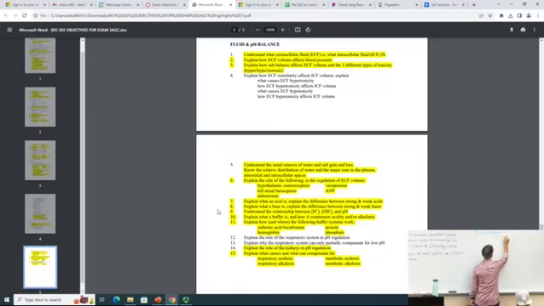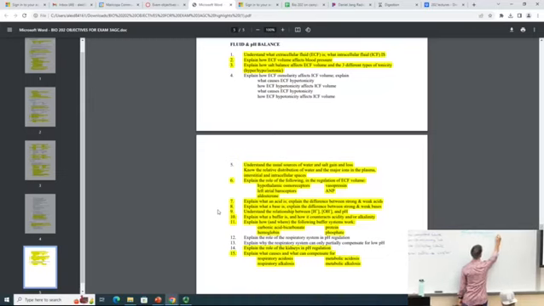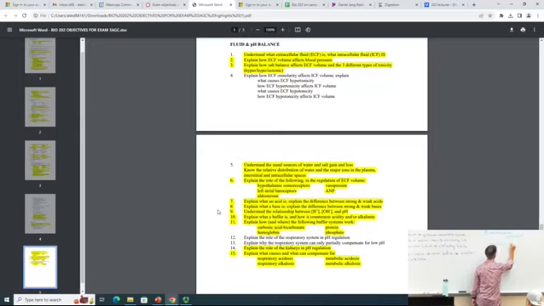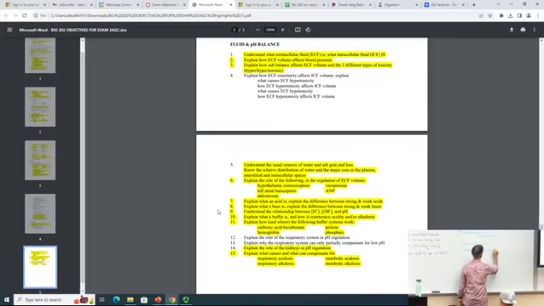Controlling pH. So we've got the chemical buffers, which is basically what those are. We've got the respiratory mechanism, which is actions of the lungs that affect pH.